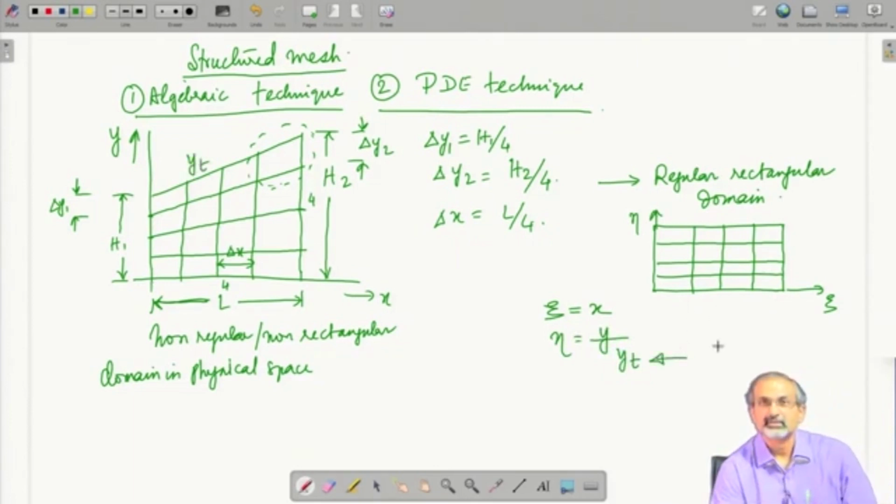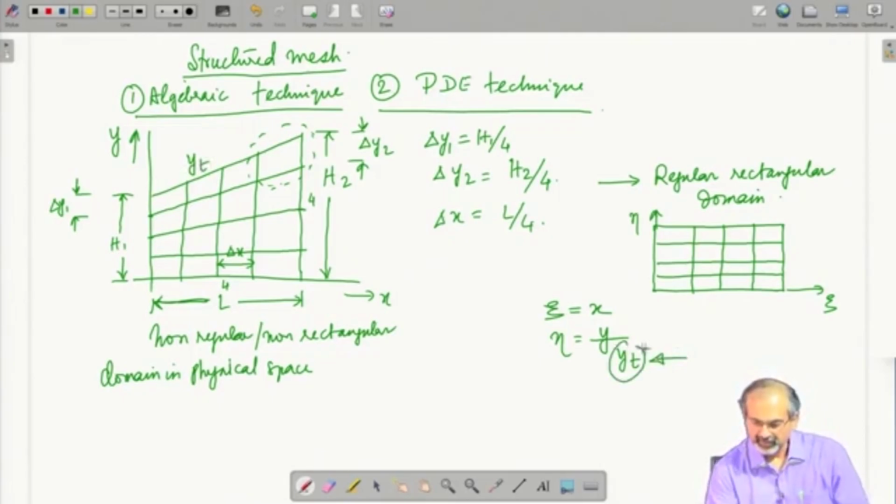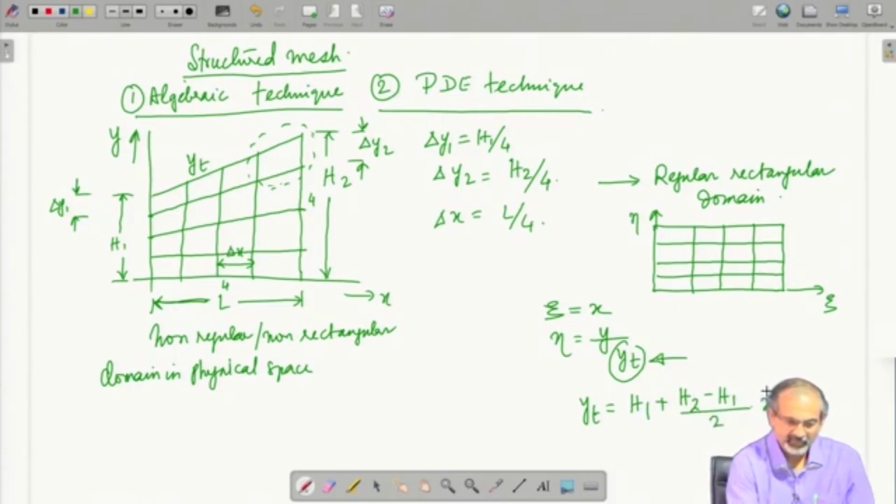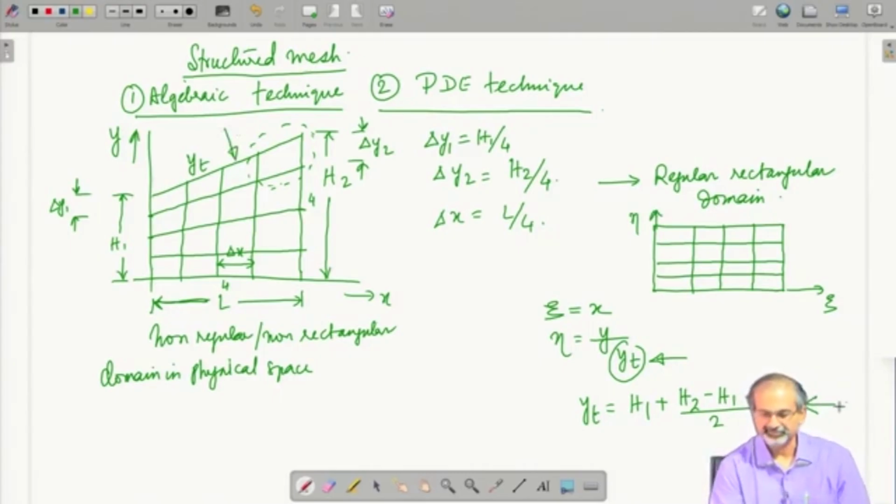Y top is indicated by subscript y, by the term y t, where t stands for the top boundary, and y t is essentially this upper boundary, which is defined like this.